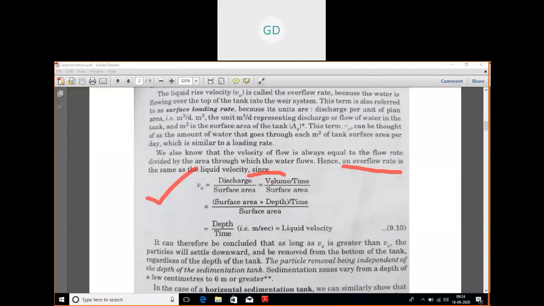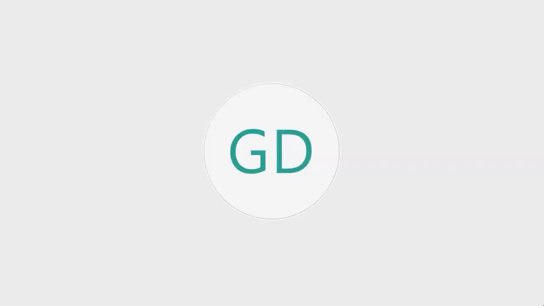Then volume is again equal to surface area into depth. So finally we get the formula as depth by time. So please quickly write down this formula for overflow rate. Overflow rate, small V naught is equal to, you write down.